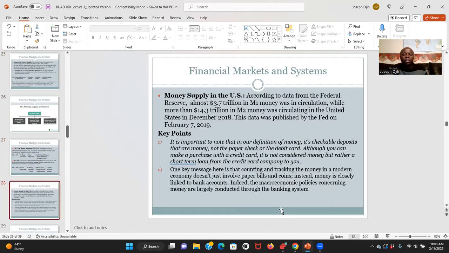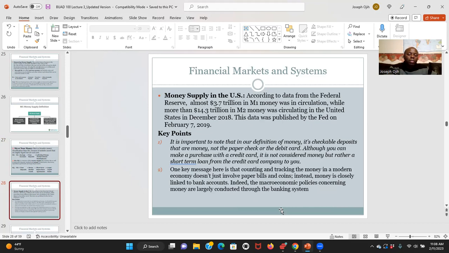According to data from the Federal Reserve, almost $3.7 trillion in M1 money was in circulation in the US as of 2018, while more than $14.3 trillion in M2 money was in circulation at the same time.